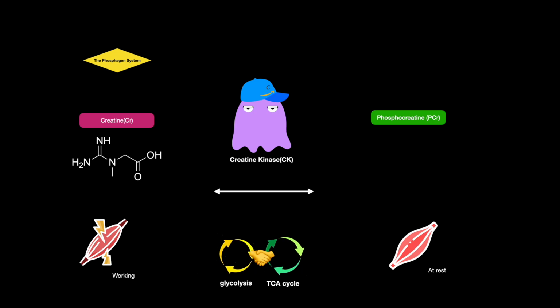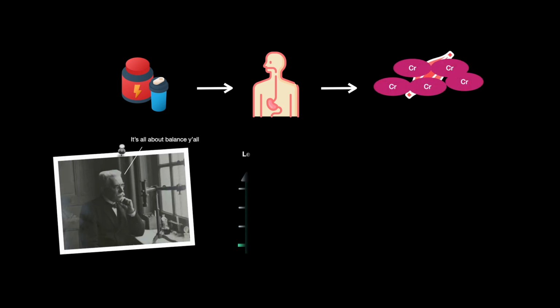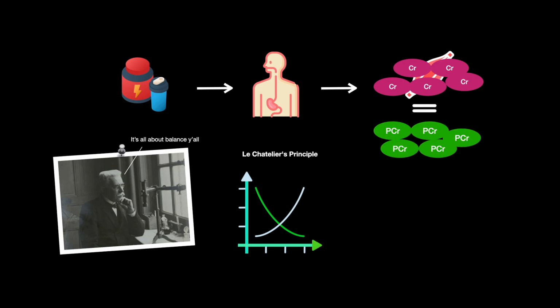This reversible process of creatine and phosphocreatine ensures the continuous energy supply available to the muscles. Keep in mind that however much creatine you ingest, according to Le Chatelier's principle, you'll also end up with lots of phosphocreatine in your system because the body will always want to be at equilibrium.